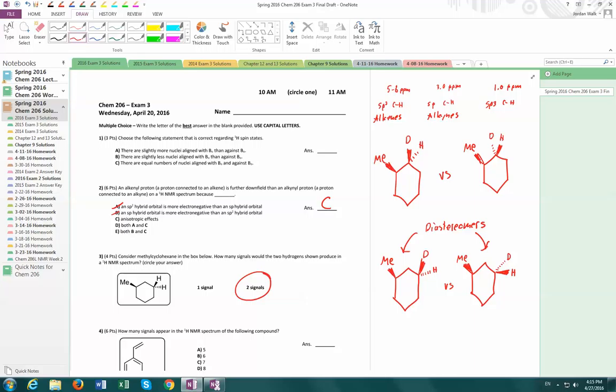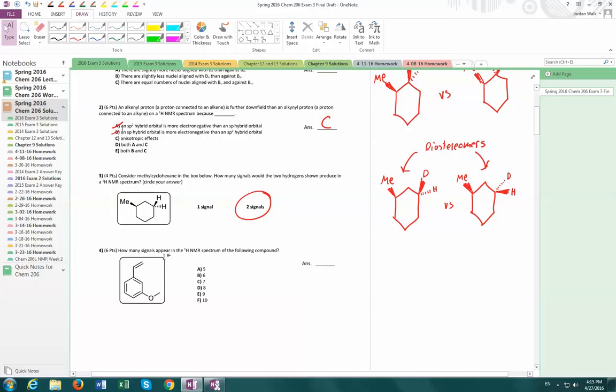All right, Michaela, can you do number 4? How many signals appear in the proton NMR? Okay, let's just draw them all out.